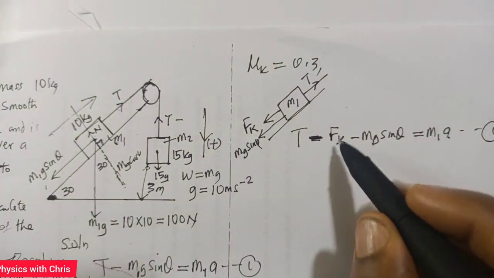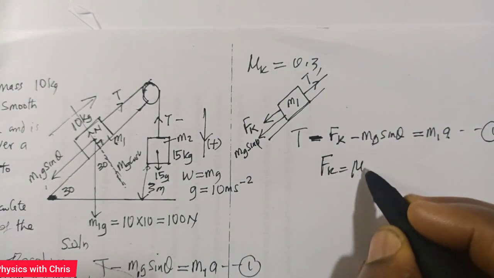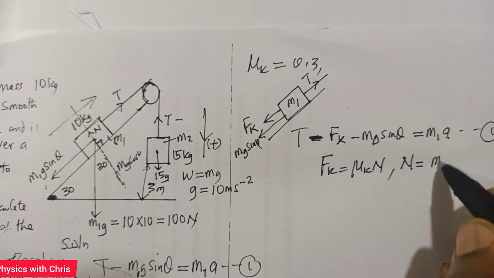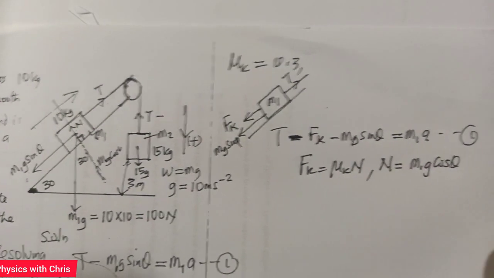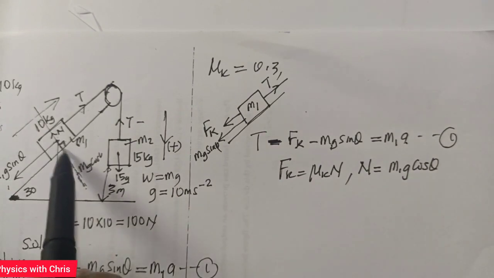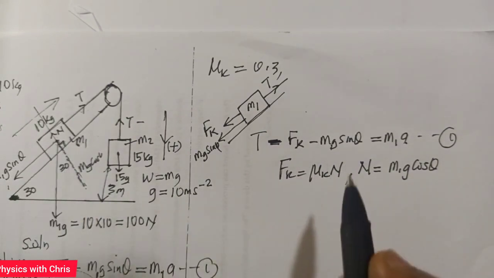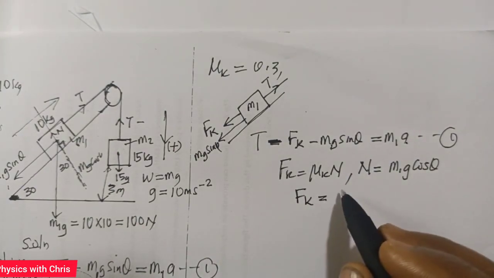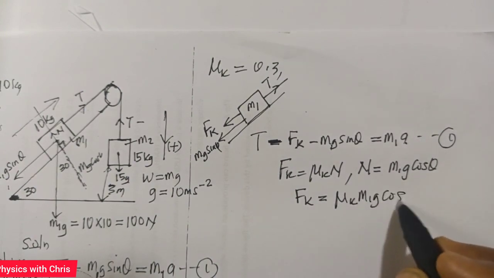We are given the coefficient of kinetic friction, and my Fk is mu k times the normal reaction. The normal force is equal to m1g cos theta. The normal force is the component of m1g that acts at right angles to the plane. So maybe I can evaluate my Fk first of all. That gives me mu k m1g cos theta.